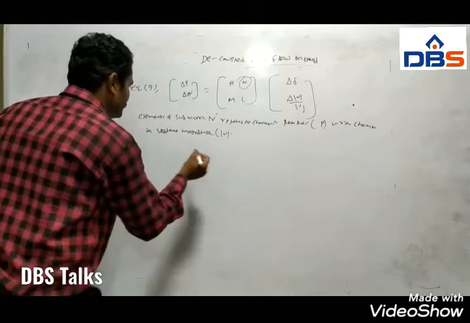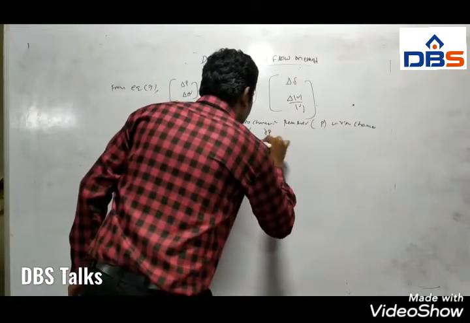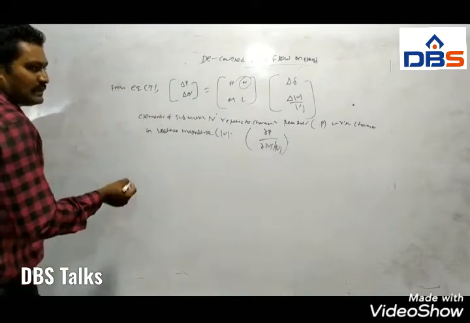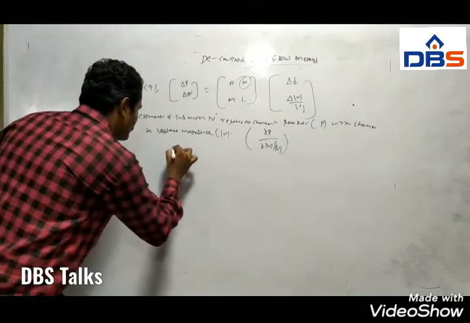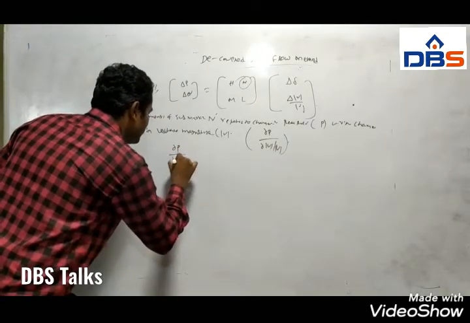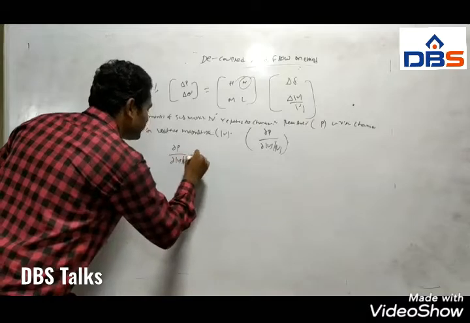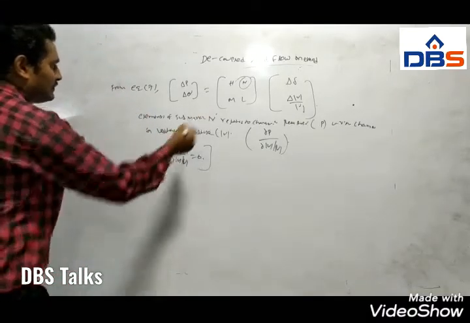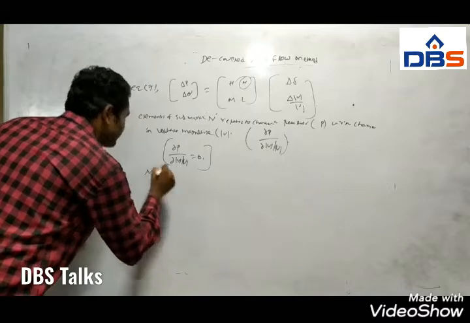From assumption 1, we already have ∂P/∂(|V|/|V|) equal to 0. So the elements of the N submatrix are equal to 0.